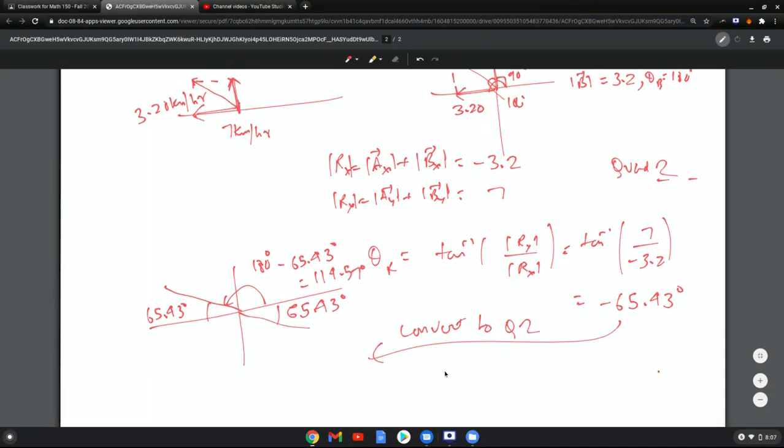So what we have is that the resultant velocity is the square root of Rx squared plus Ry squared, which is 3.2 squared plus 7 squared, about 7.7 kilometers per hour, and the direction is 114.57 degrees. Now remember, although this is negative, when you square it, it's going to be positive. So be careful about that. So that's it for addition.